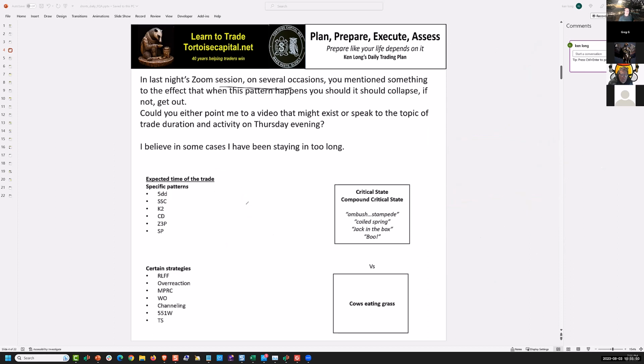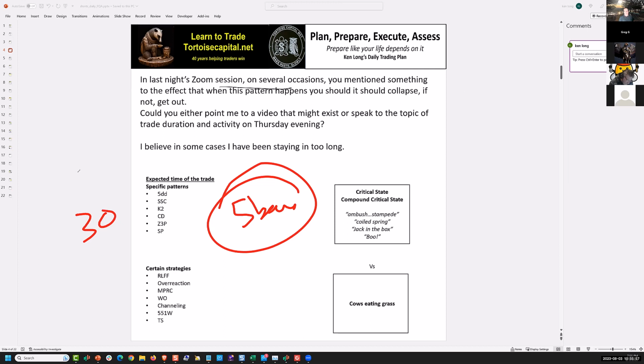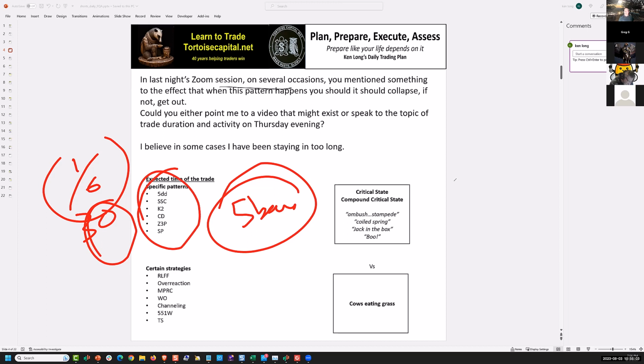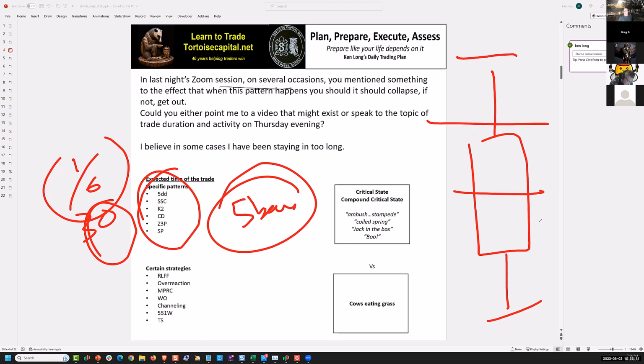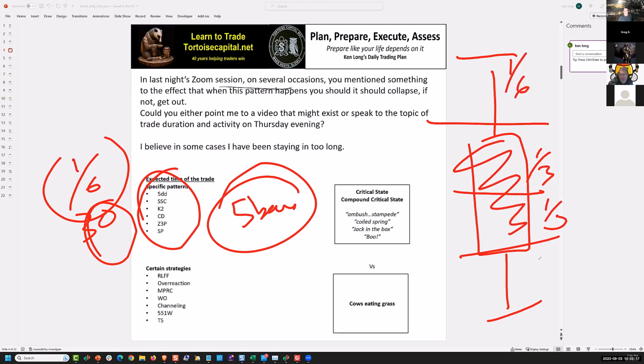So I'll just say 5 bars. But that's why I say 5 bars, because that's 1/6 of the 30 bars that it took to set up the statistical condition. Hey, guess what? If you have a normal distribution and then a plus or minus 1 standard deviation, that means 1/3 of the time it's inside here, and 1/6 of the time it's one of these extraneous conditions.